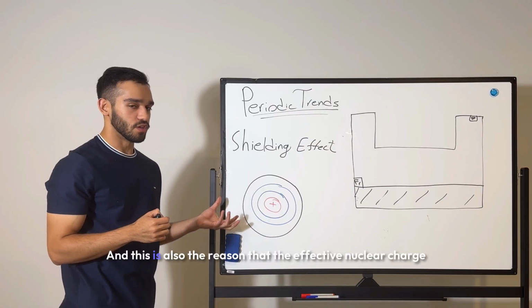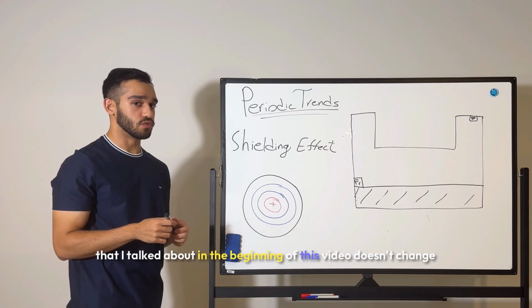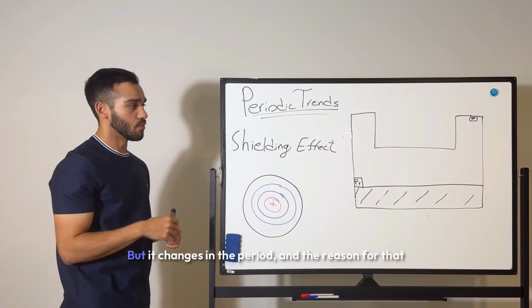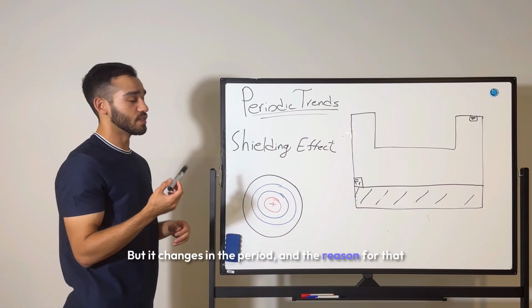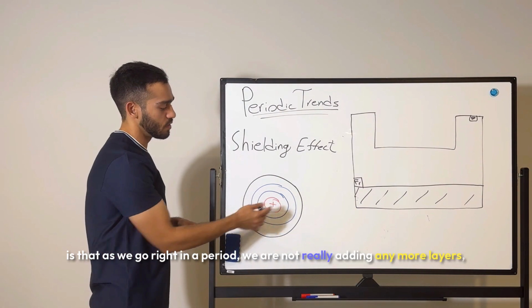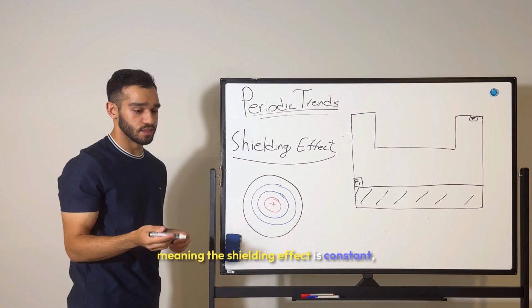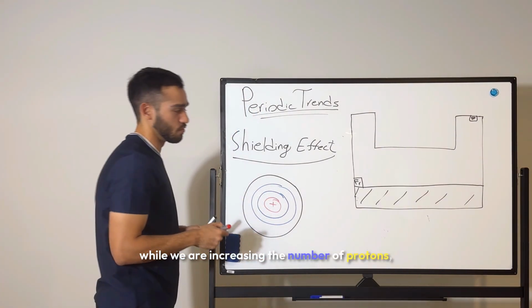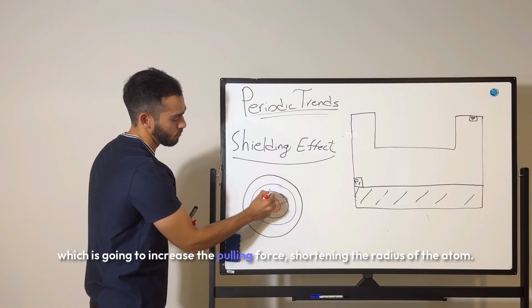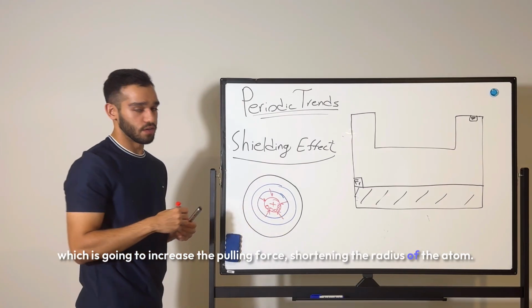This is also the reason that the effective nuclear charge that I talked about in the beginning of this video doesn't change as you move down the groups, but it changes in the period. As we go right in the period, we are not really adding any more layers, meaning the shielding effect is constant, while we are increasing the number of protons, which is going to increase the pulling force, shortening the radius of the atom.